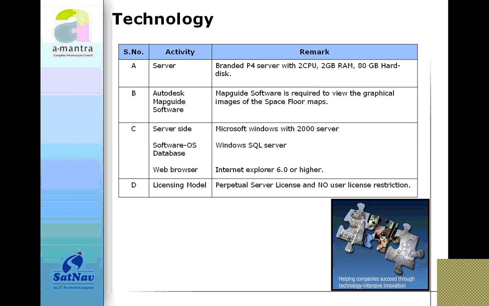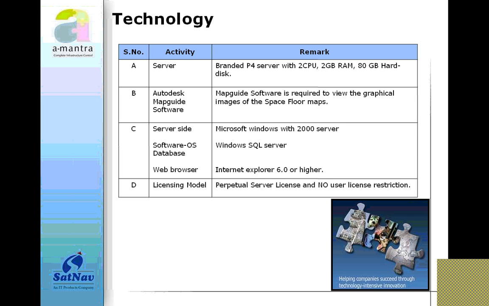These are the minimum requirements. You require a minimum dual core processor with 2 GB RAM and 80 GB of storage space. You can have the mapping software, which is optional, and any server above Windows 2000 would be suitable, and SQL Server from 2005, 2008, 2010, anything would do, and web browsers IE6 and higher along with Mozilla and Chrome.